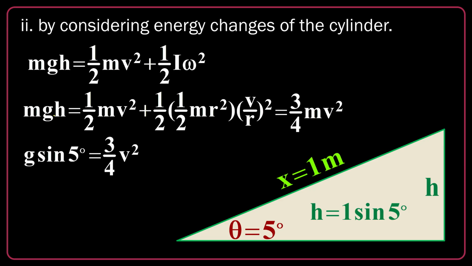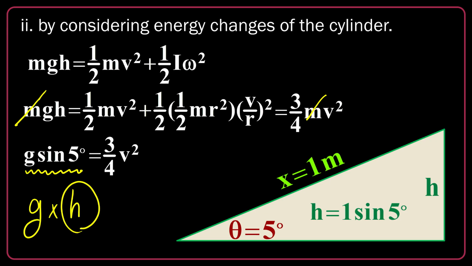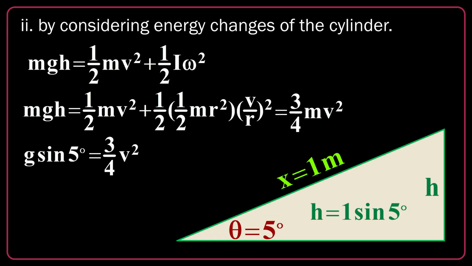Okay? Here I can drop the mass. I cross out the mass. I have g sine of 5, gh actually, and h is 1 times sine of 5. 3/4 v squared, the remaining part on the right side. Okay?